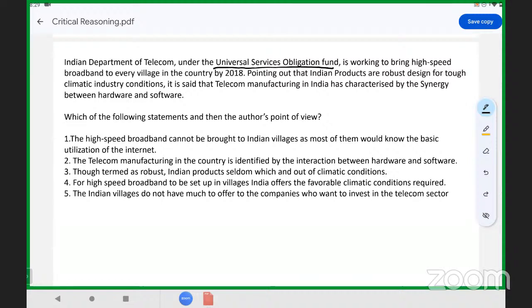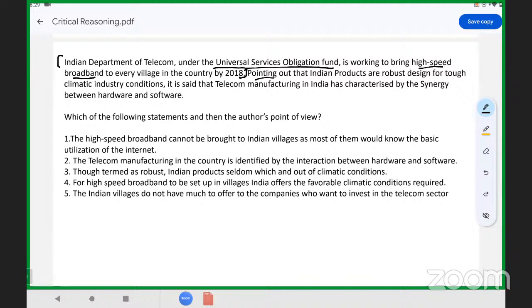So we'll first see sentence number one, that the Indian Department of Telecom under the Universal Services Obligation Fund is working to bring high-speed broadband to every village in the country by 2018. So they have a goal to bring high-speed broadband internet to every village by 2018.